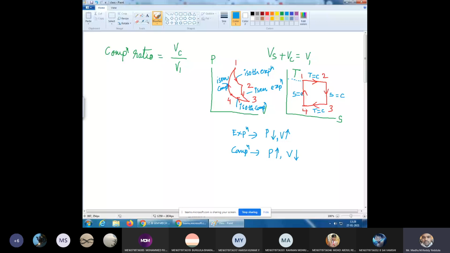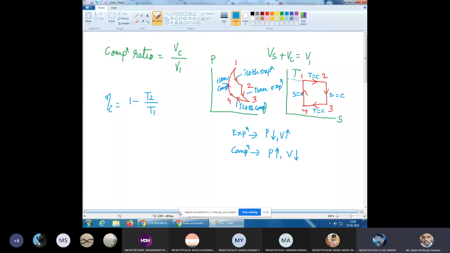Right. So we derived the efficiency of Carnot cycle: 1 minus T2 by T1. We already derived this. What is T2 here? Tell me, students.